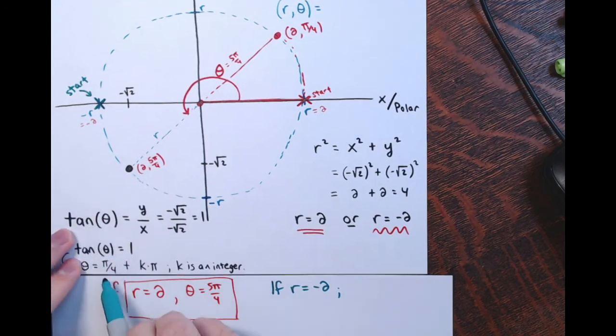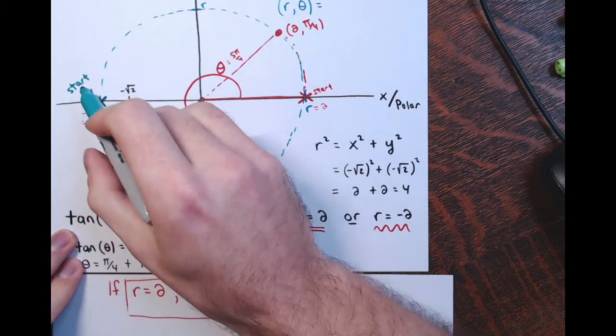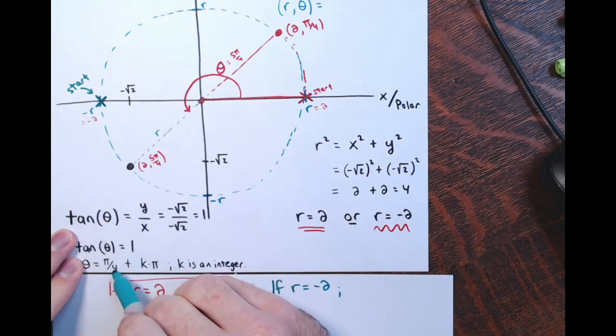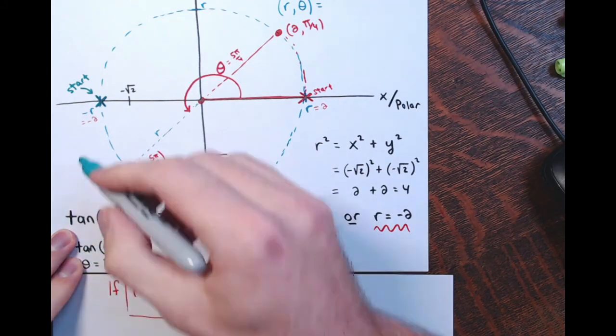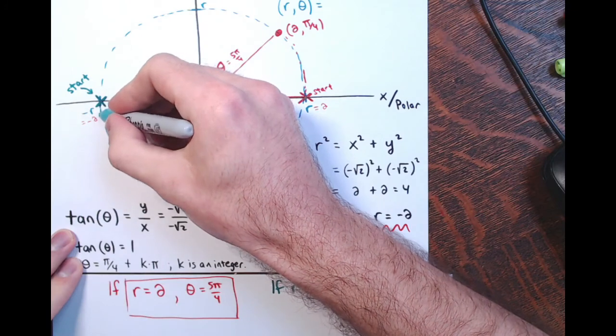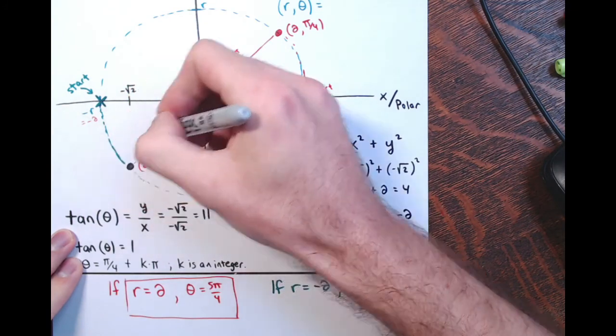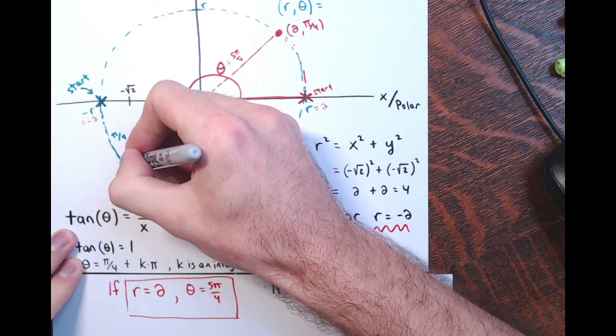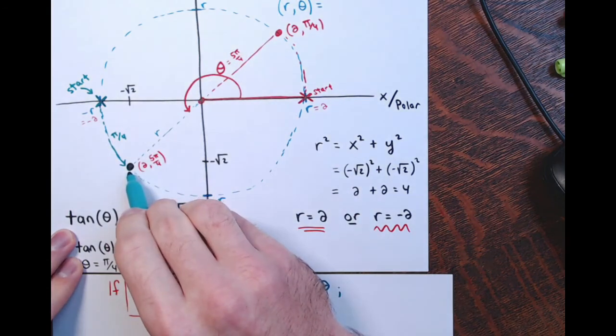Now this time, would pi over 4 work? Well, if I start here and go positive pi over 4, remember that's counterclockwise, pi over 4 radians, so that's going this way. Halfway through this quadrant, there's pi over 4. And yes, that indeed would stop at that point that I'm looking at.